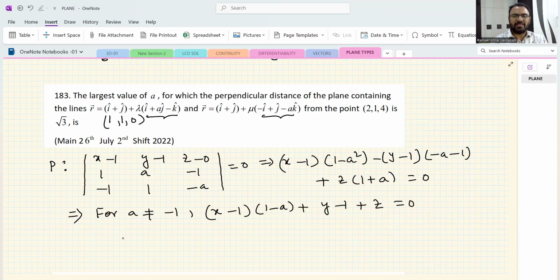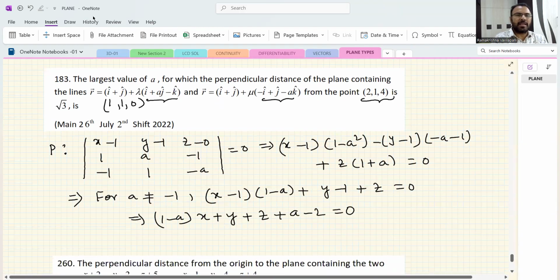So this is the plane equation. We got that 1 minus a into x plus y plus z plus a minus 2 equal to 0. Now perpendicular distance from 2, 1, 4 is root 3.